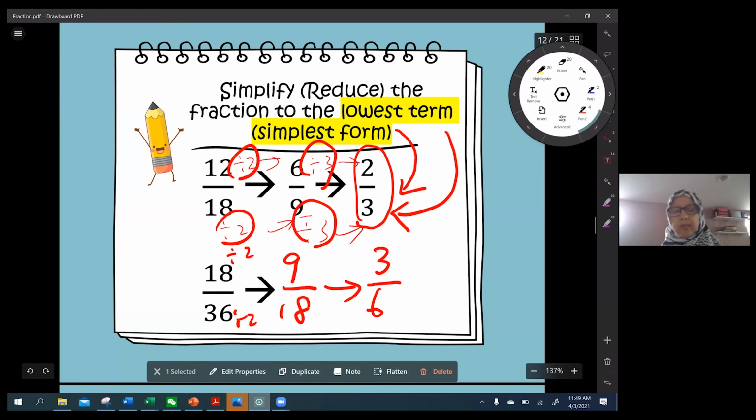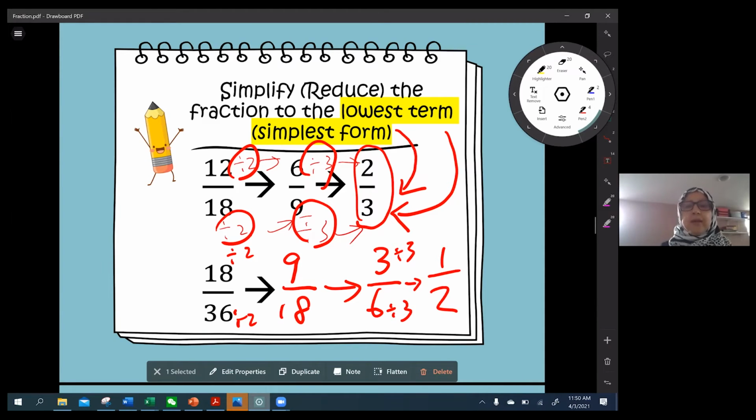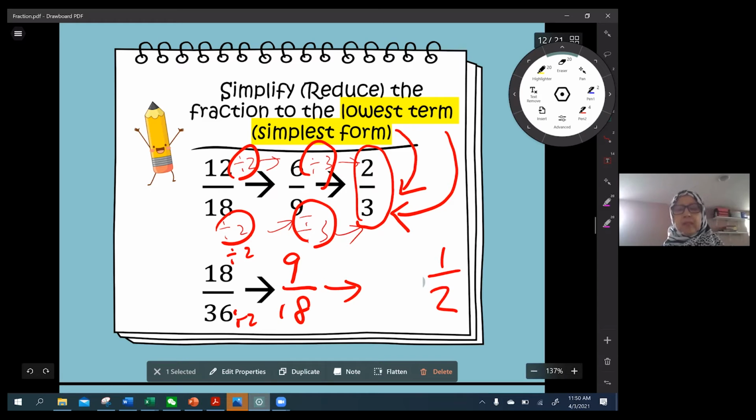Very good. Thank you. Because these can be divided by 3, right? So maybe for some people, I'm just going to skip this one. If I go from here to here, what did I do? You just divided it by 9.